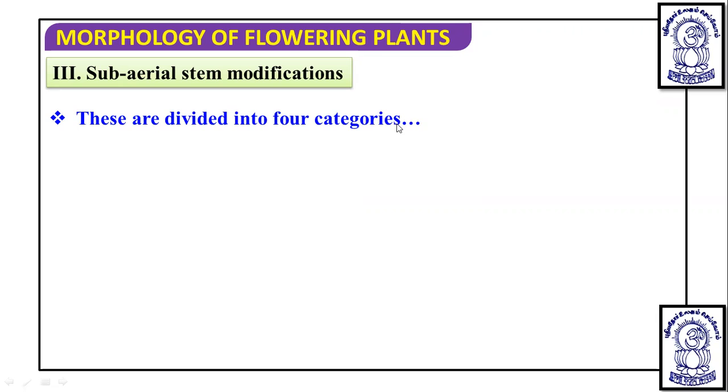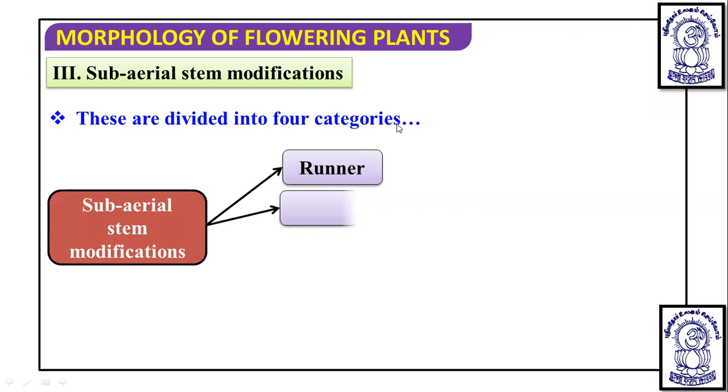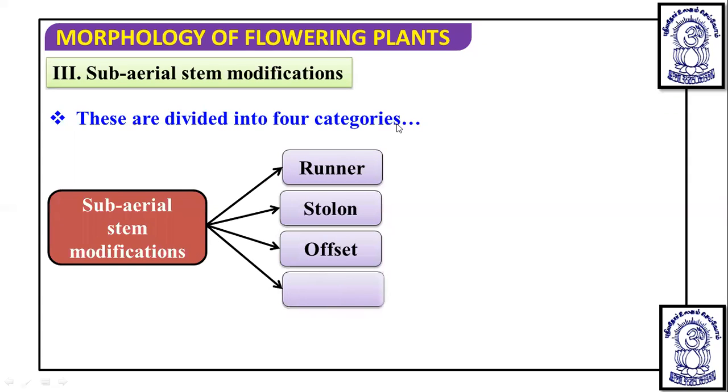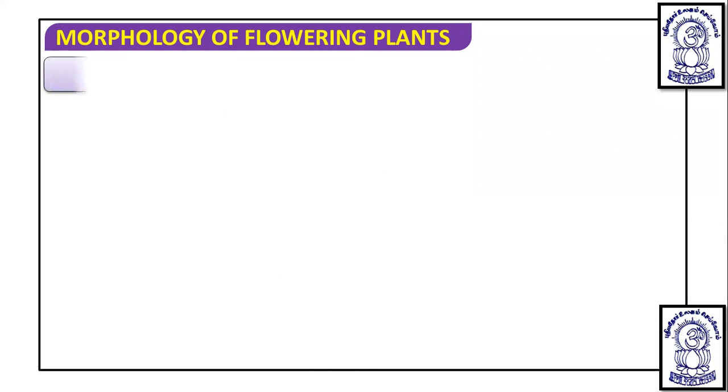Some lateral branches will be there, or they can grow laterally. If we divide it into four categories: runner, stolon, offset, and sucker. All sub-aerial stem modifications are also useful for vegetative propagation.